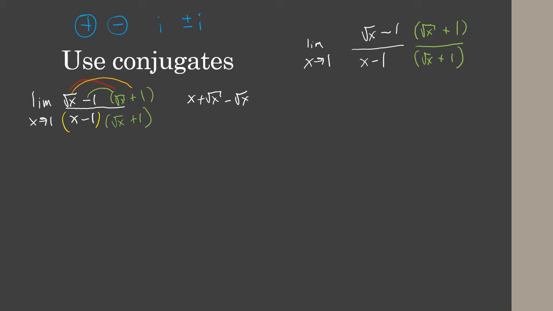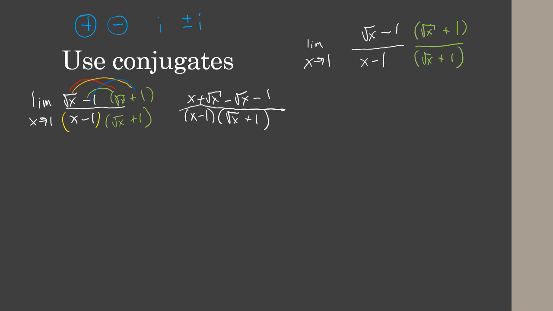And then we've got -1 times positive 1, which results in -1. And we're going to keep the denominator unfoiled. So x minus 1 times square root x plus 1.